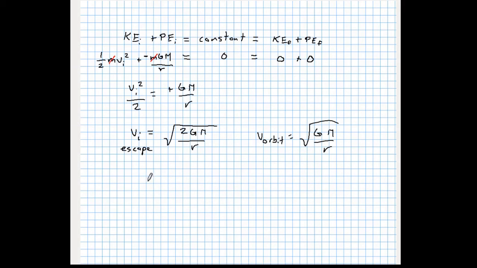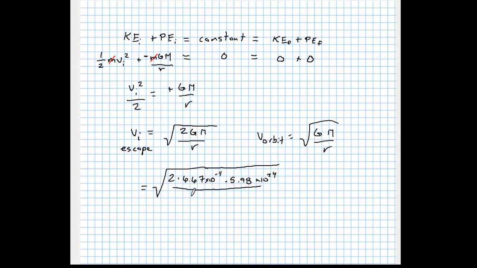So let's plug some numbers in, and we'll do that for the Earth. So root 2 times 6.67 times 10 to the minus 11 times 5.98 times 10 to the 24 kilograms divided by the radius of the Earth.